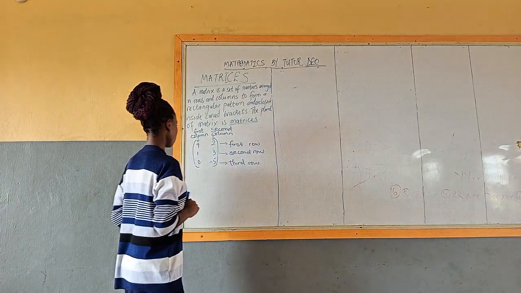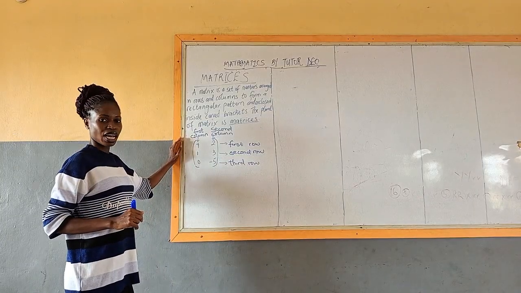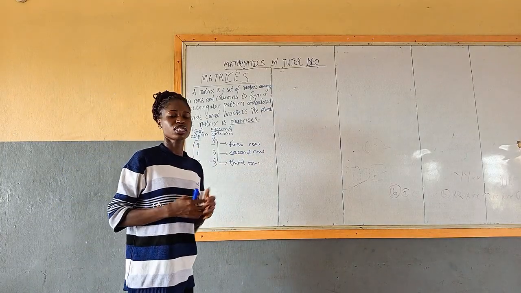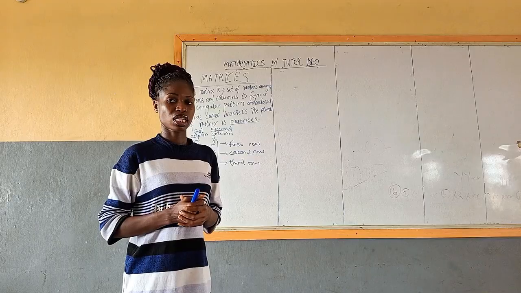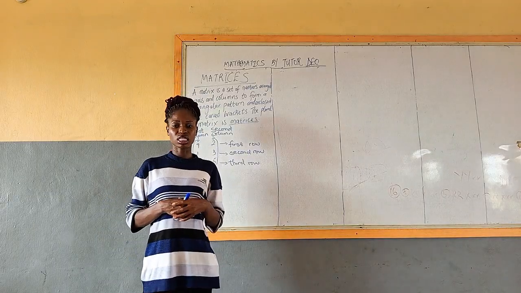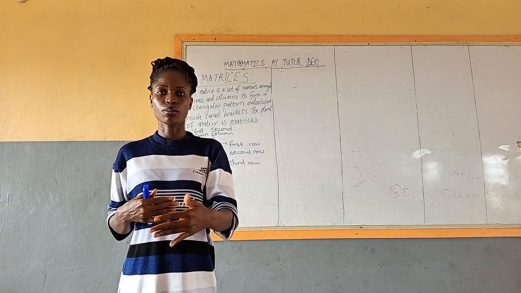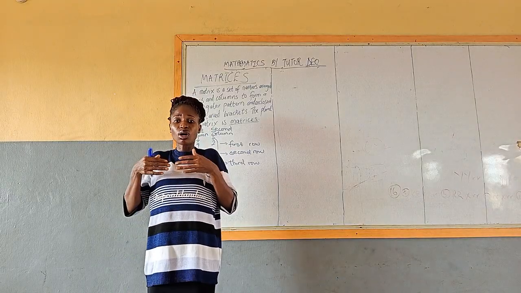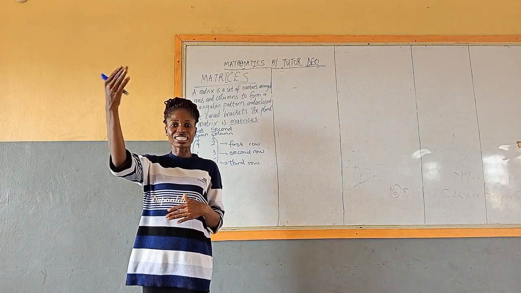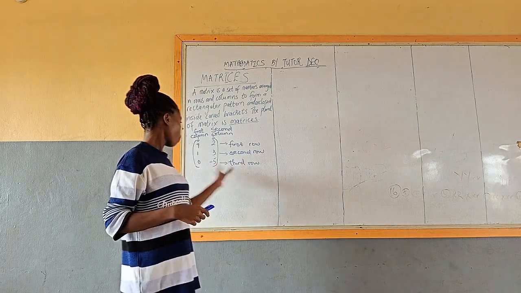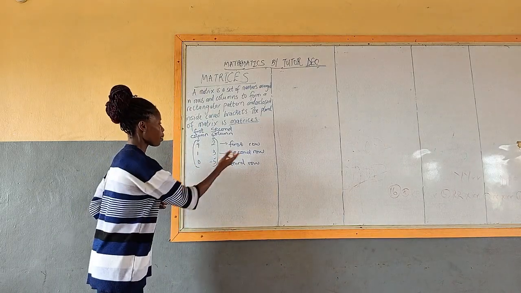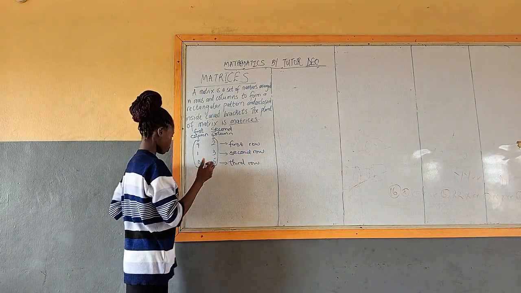Alright, let's move on. With this now, we have something that is called the order of a matrix. The order of a matrix is written as row times column, meaning that you write the number of rows first before writing the number of columns. So for this matrix here, how many rows do we have?